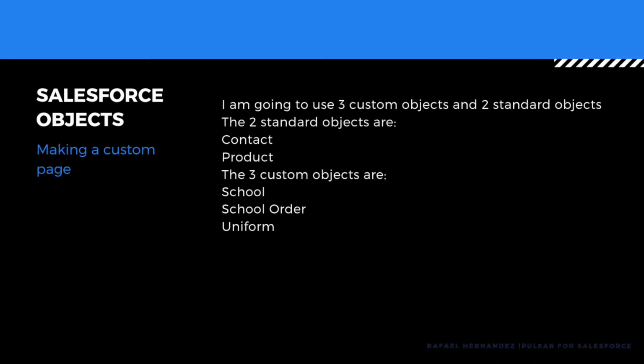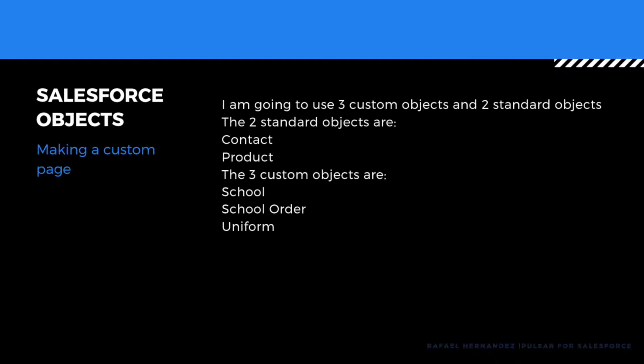Among the custom objects, there is the school object. This school represents an abstraction of an actual real school. It is gonna have the address, the name of the school, and some other stuff.